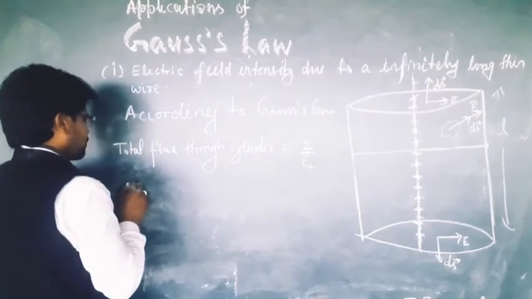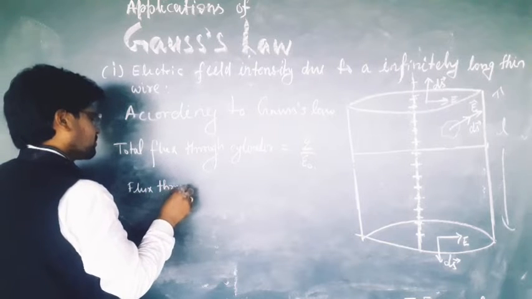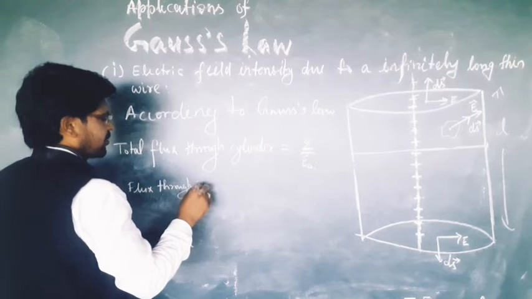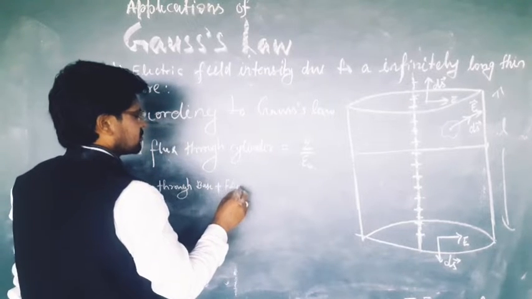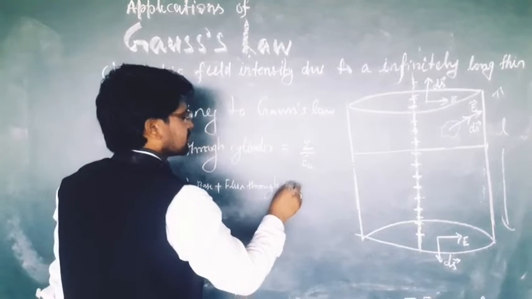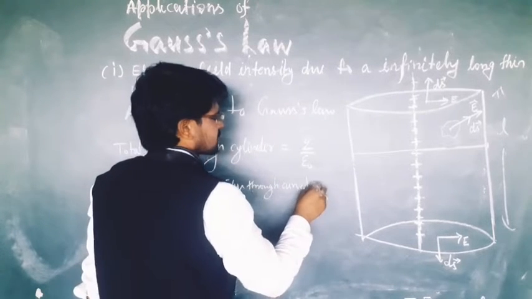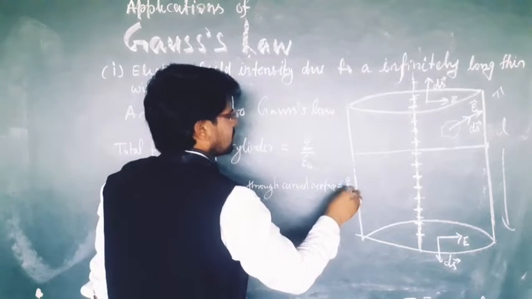So the flux through the base plus the flux through the curved surface is equal to Q upon epsilon naught.